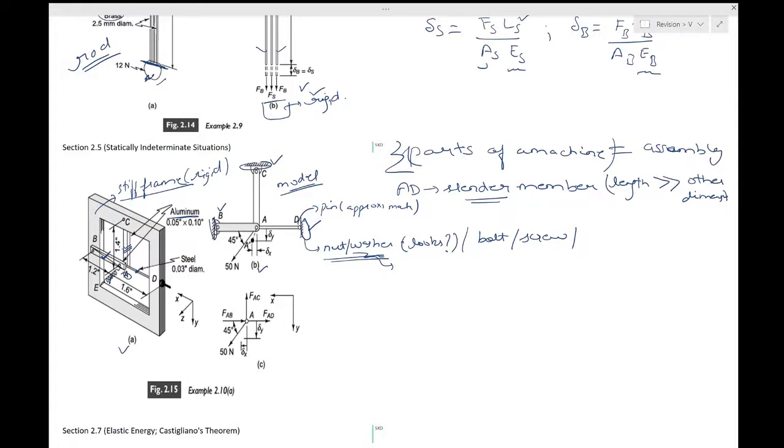So that's why we are trying to approximate it as a pin, and we are able to do it given its geometry in this case. Now you assume that the action of the 50 Newton spring force will be to move the point A to a new position A dash. So this is the 50 Newton and it moves to a new position which is A dash over here.